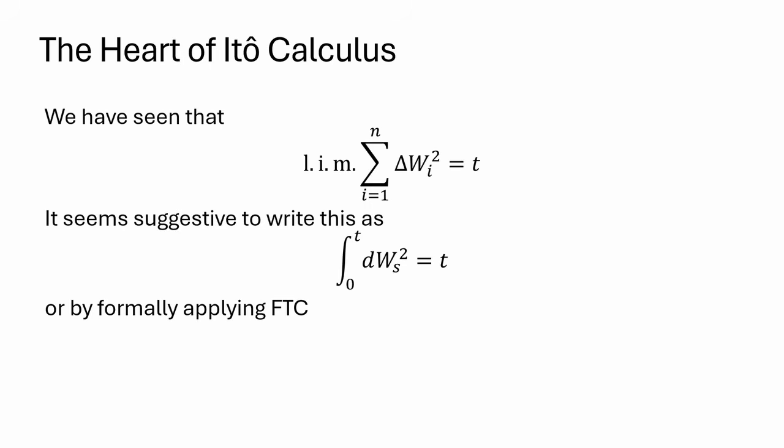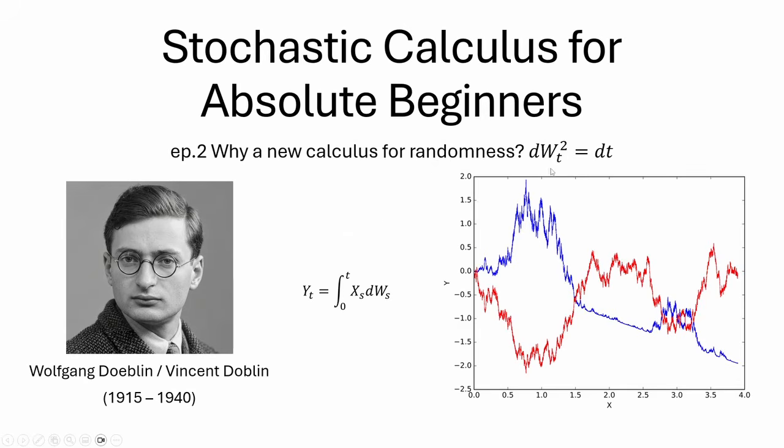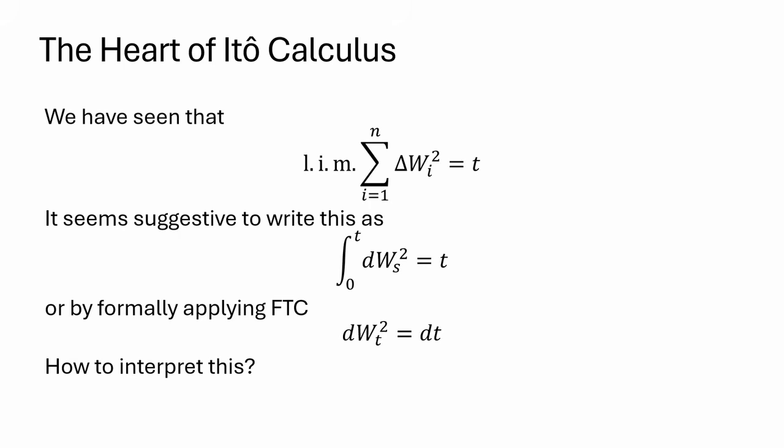And if we formally apply the fundamental theorem of calculus by taking differentials on both sides, we get dW_t squared equals dt. And that's the mysterious looking equation we were talking about at the beginning. The question is, how do we interpret this? It cannot mean literally that an infinitesimal increment of the Brownian motion squared is a deterministic infinitesimal dt. It has to be interpreted in an integral sense.